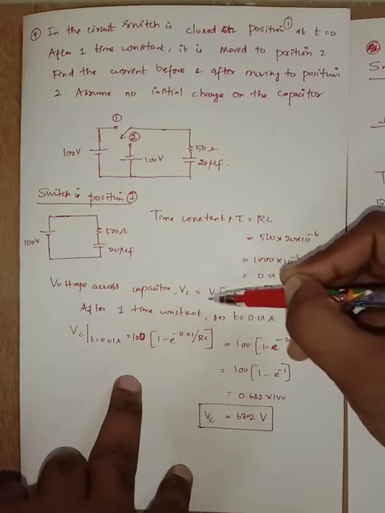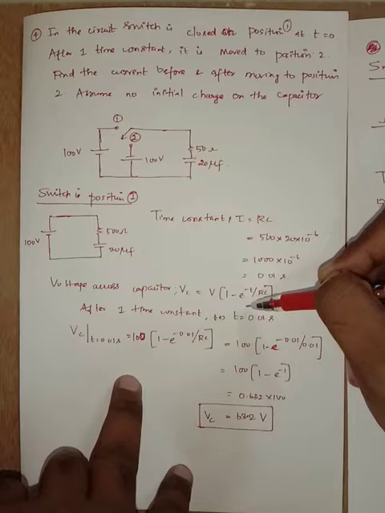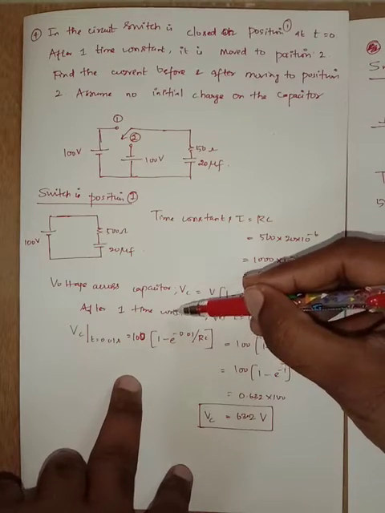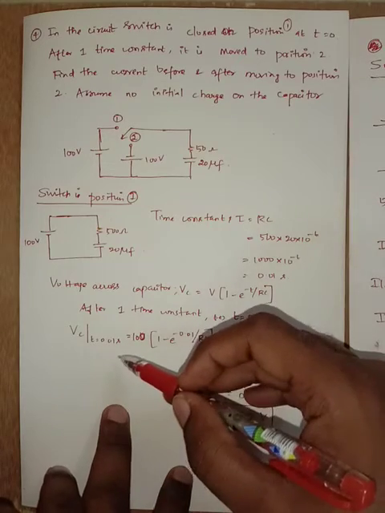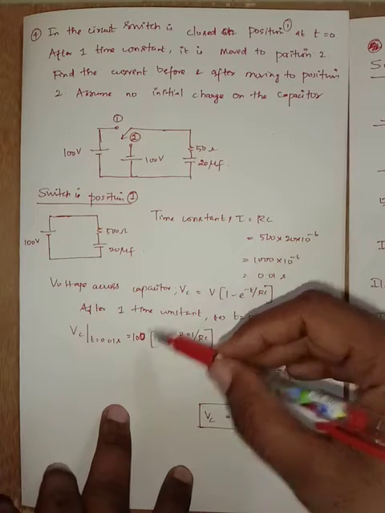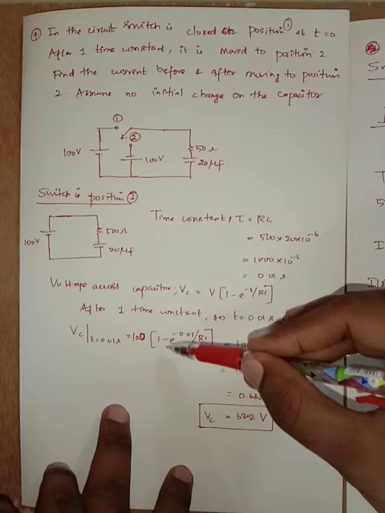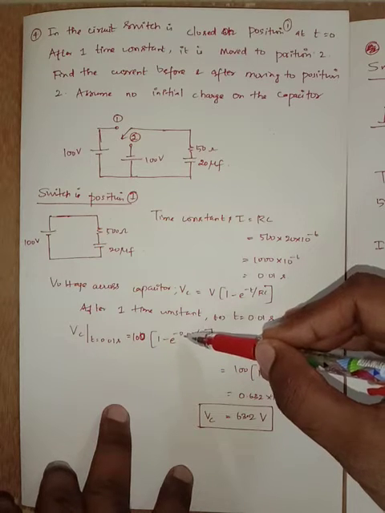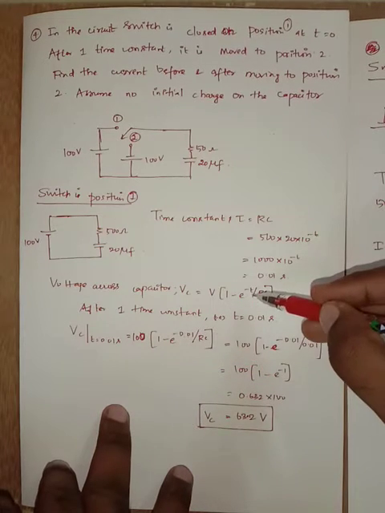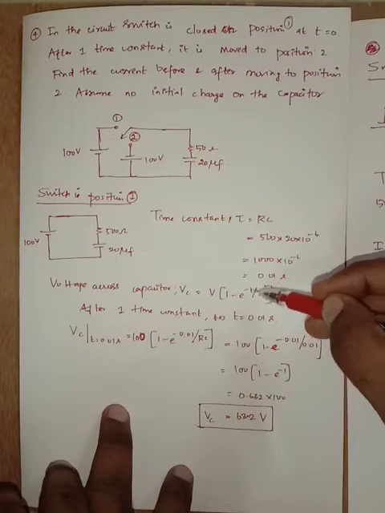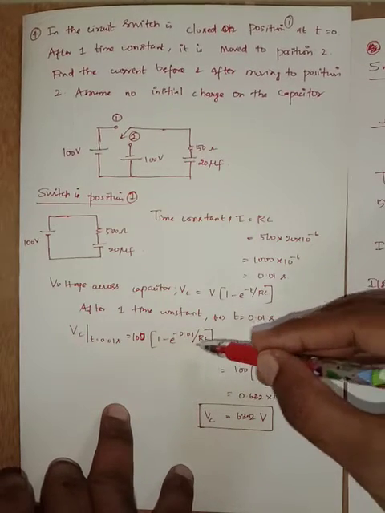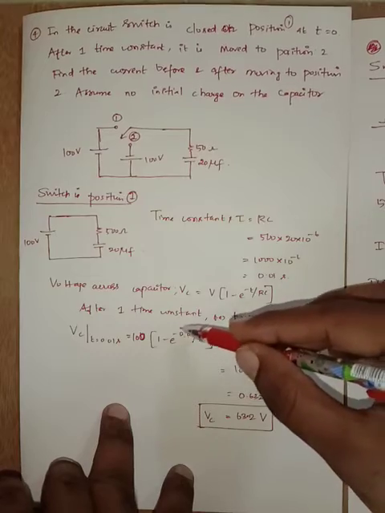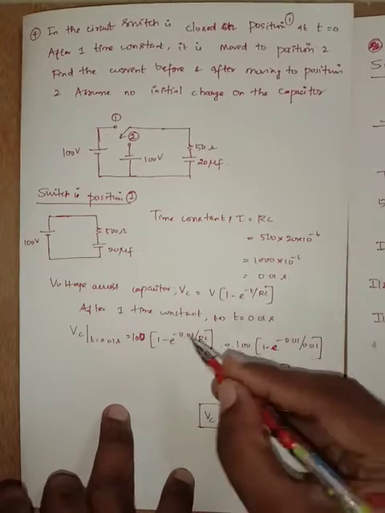So voltage across the capacitor is V into 1 minus e power minus t by RC. So after one time constant, which is t equal to 0.01 seconds, the voltage across the capacitor will be the supply voltage 100 multiplied by 1 minus e power minus t by RC. In place of t, it will become 0.01 divided by RC. Actually this RC and this RC are the same, so I don't have to substitute the value at all.